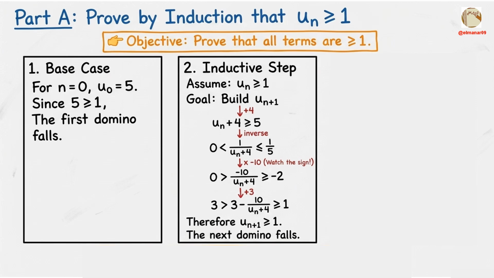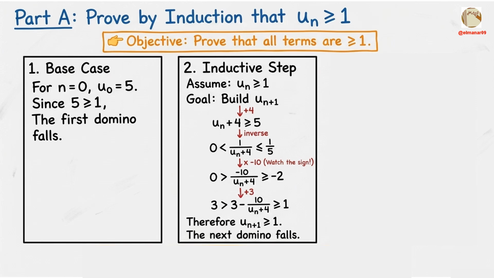We build Un plus 1, starting from Un greater than 1. Add 4 to both sides, Un plus 4 greater than 5. Now apply the inverse. 1 over Un plus 4 less than 1/5. Note the sign flip. Multiply by -10. -10 over Un plus 4 greater than -2.